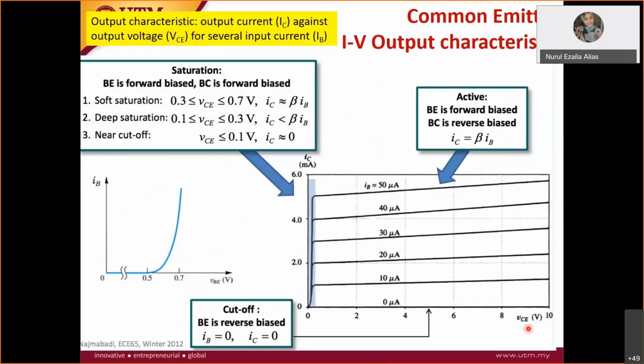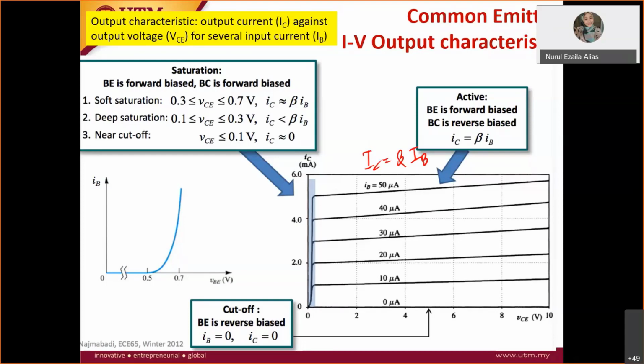Here we can see that collector current is saturated at any point of IB, because from the equation, IC is equal to beta times IB. As IB increases, IC will also increase.